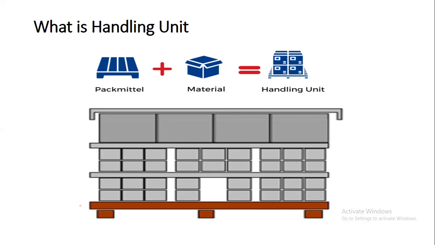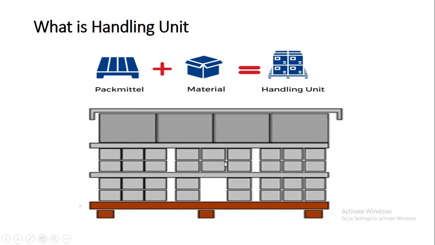So if you need to ship the goods, what happens? You are going to ship the packaging materials, for example this pallet, as well as your actual materials, right? So you want to track the complete information, how many materials are there on that particular handling unit. That means the pallet as well as the materials is called a handling unit, right?